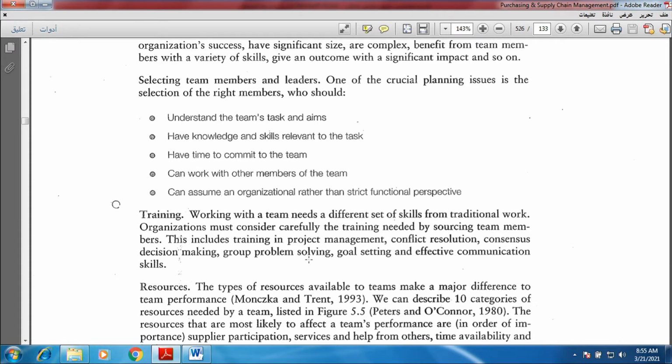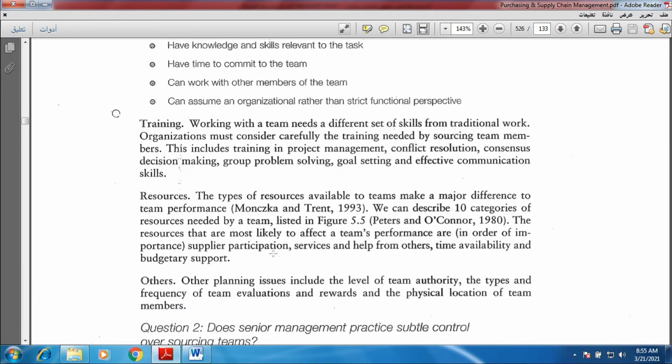Also, the abilities of solving the problems, they have the scientific way, or they have more in-depth understanding of how to go in the process of problem solving. They can set the goals easily. They communicate their ideas among them easily.